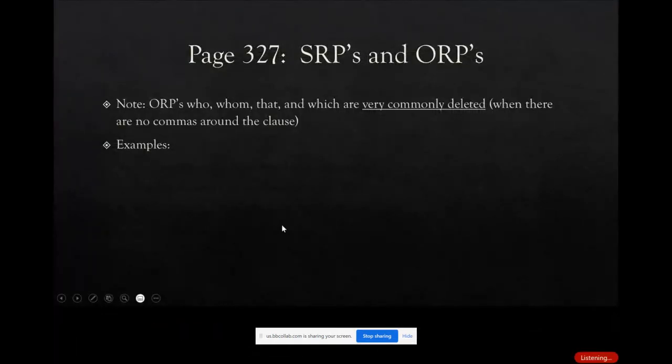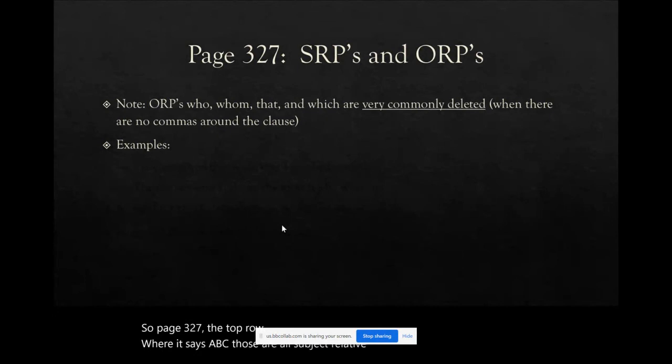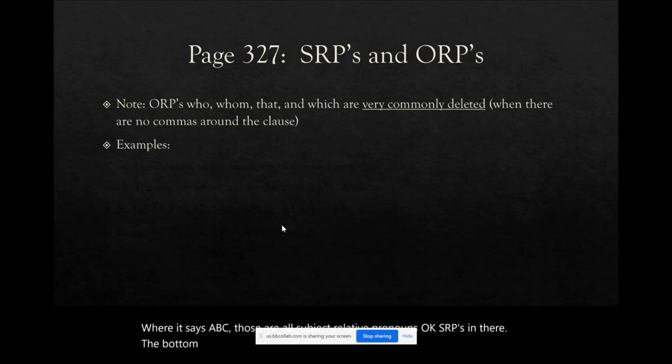So page 327, the top row where it says ABC, those are all subject relative pronouns, right? SRP in there. The bottom row of the box are all ORPs, object relative pronouns.